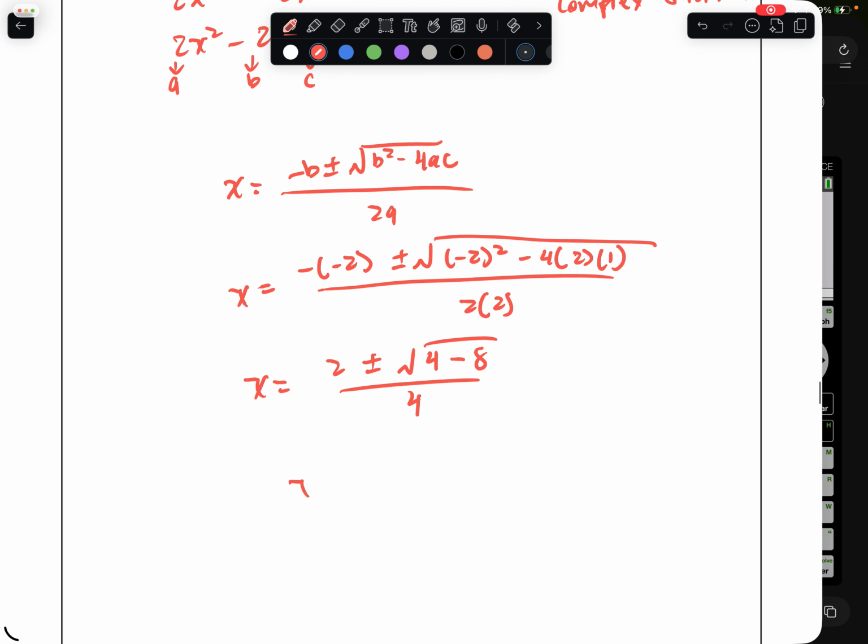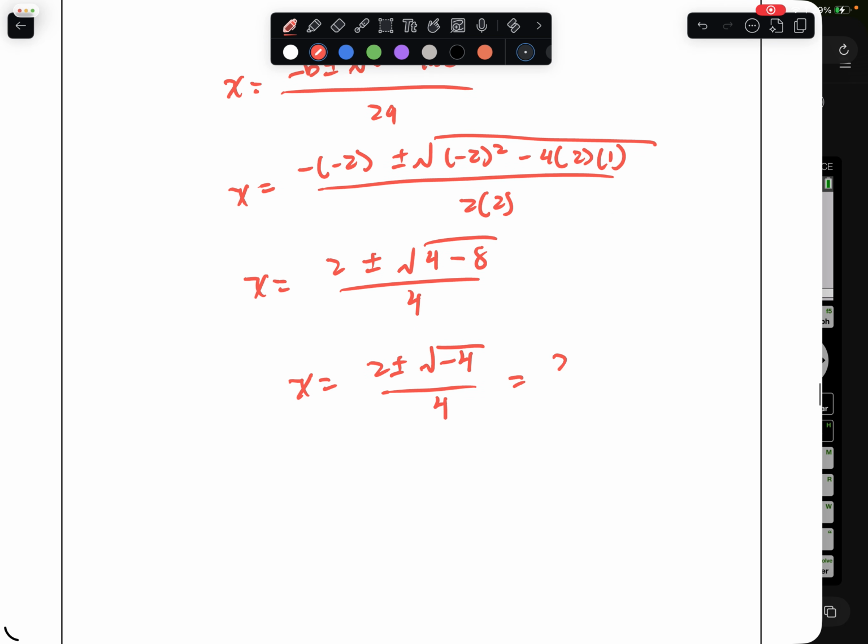So then x is equal to 2 plus or minus root negative 4 all over 4. This is equal to 2 plus or minus 2i, because that's square root of negative 1 times square root of 4. Square root of negative 1 by definition is i, and the square root of 4 is 2. So this is 2i, and then all divided by 4. So then x is equal to 1 plus or minus i over 2.